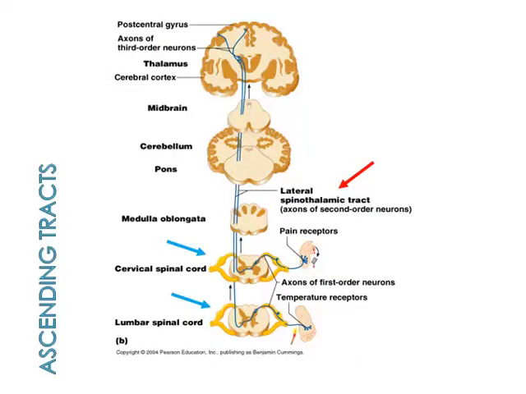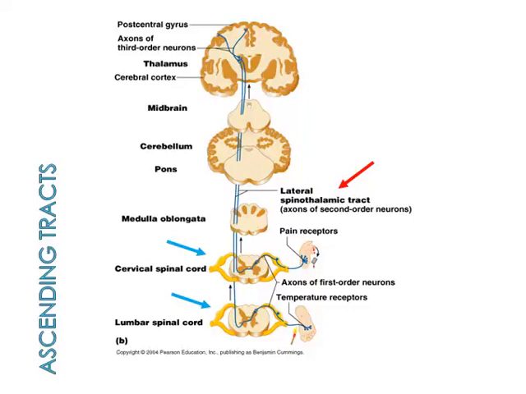So here is an example of how you might view some of the ascending tracts. So we have the lateral spinothalamic tract. Again, there's two, lateral and anterior, primarily transmitting pain and temperature information. Again, we're going from the bottom up.